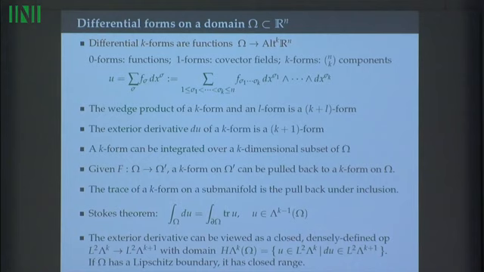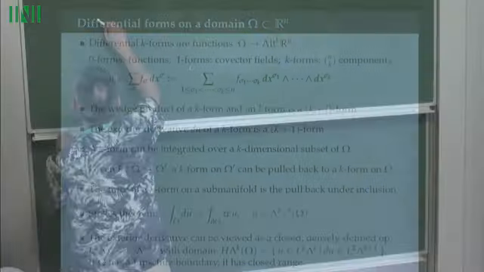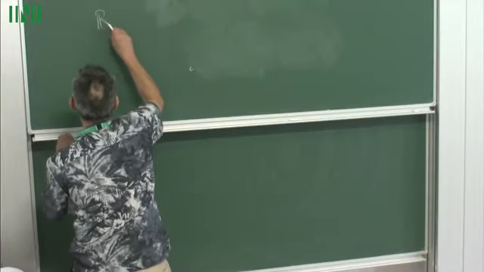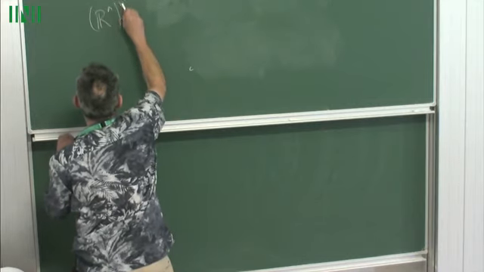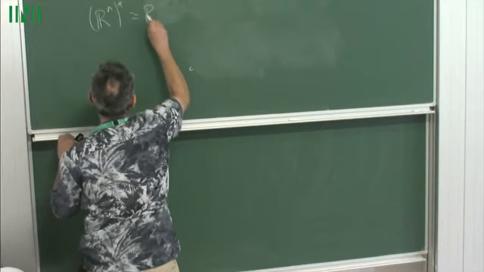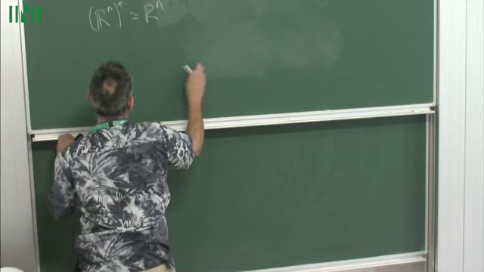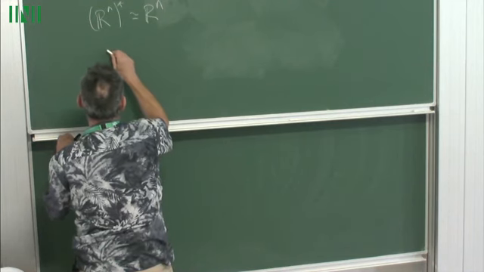Before I go on to the next case, let's just write some notation down. How do you identify the dual space of Rn with Rn? Well, you use the inner product or the standard basis, either one will go.